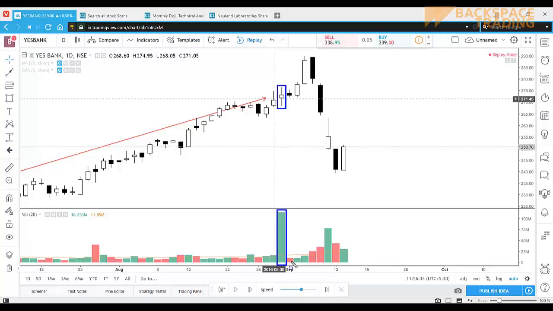If an institution wants to buy something, somebody has to sell. If there are two institutions buying and selling, that is okay. But if both institutions want to buy together, they cannot, because there are no shares to buy. Institutions want to buy in huge chunks, 10 lakh, 50 lakh shares.